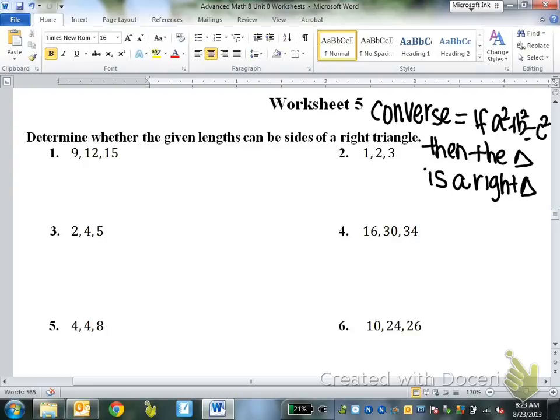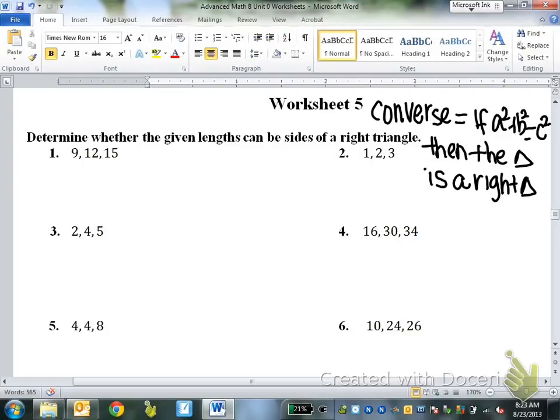Okay, so let's look at number 1 together. I know that in the AO we drew pictures. For these we're not going to because we already did that. So the first triangle is 9, 12, and 15.